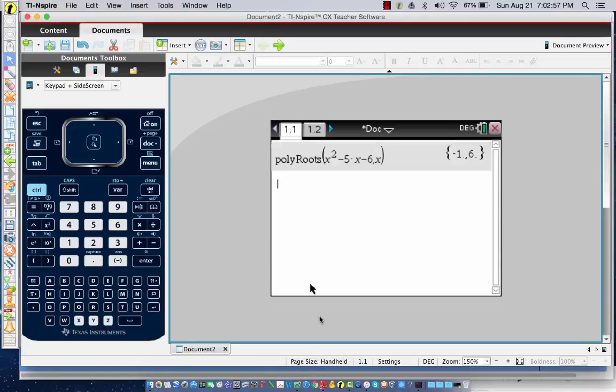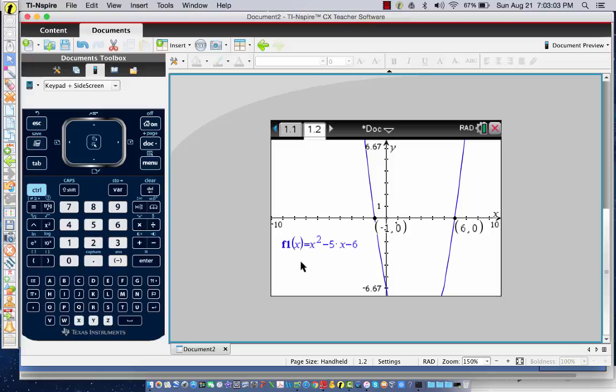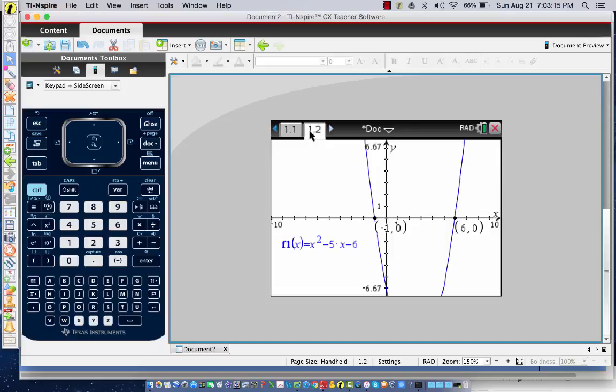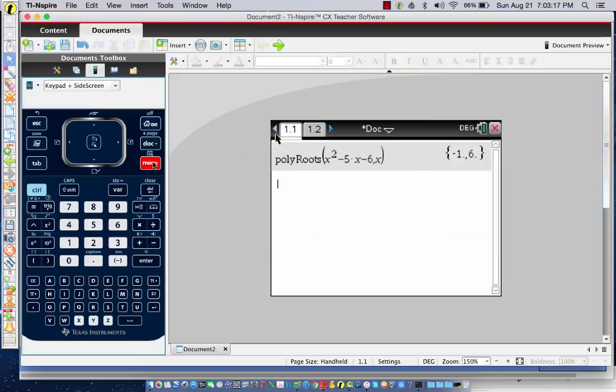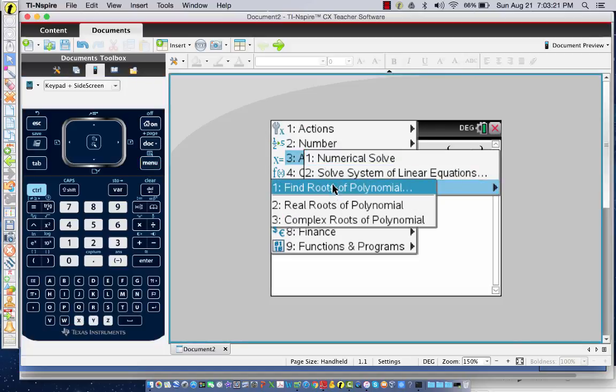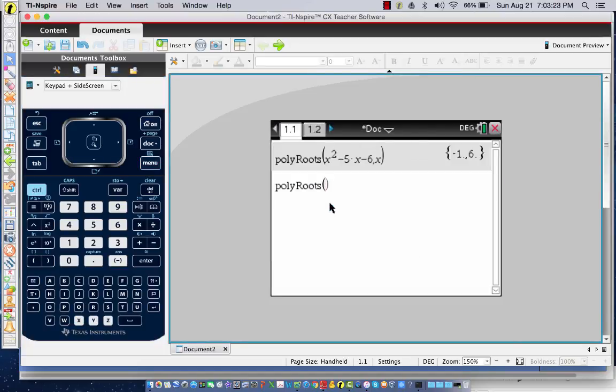Now, I'm going to show you something else. This is a big reason why you should always work in documents. We have this function as the first function, f1 of x. Look what you can do. If you already have it entered as a graph, you can go menu, algebra, polynomial tools, real roots of a polynomial. Same thing, polyroots.